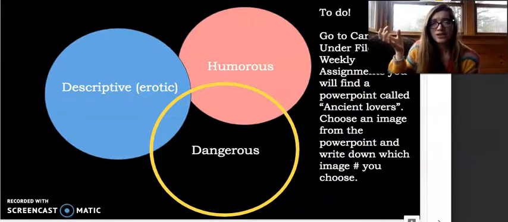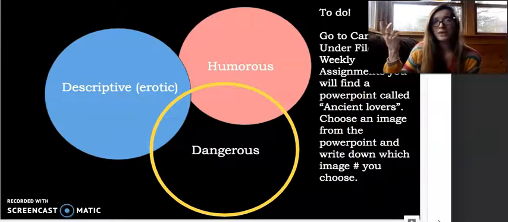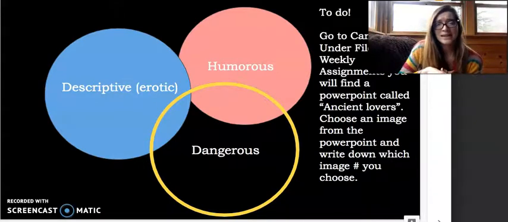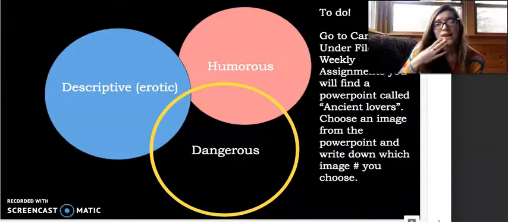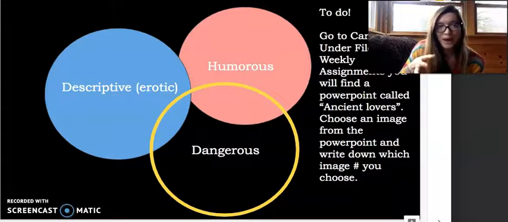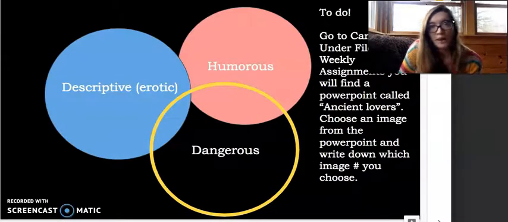There is descriptive erotic art, art that is just depictions of sex or erotic situations, and we're going to delve a little deeper into the image of the Greek and Roman worlds. There's also a great deal of humorous imagery and also dangerous imagery that has to do with erotic topics as well.